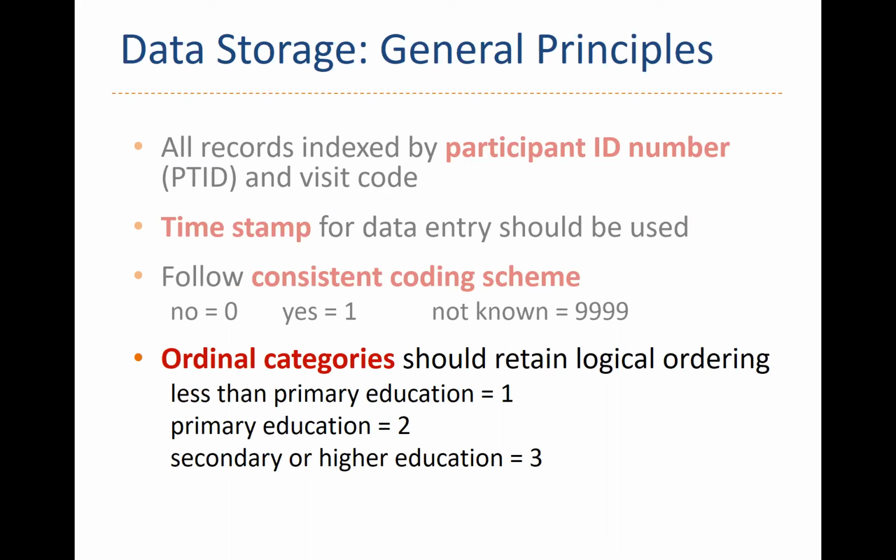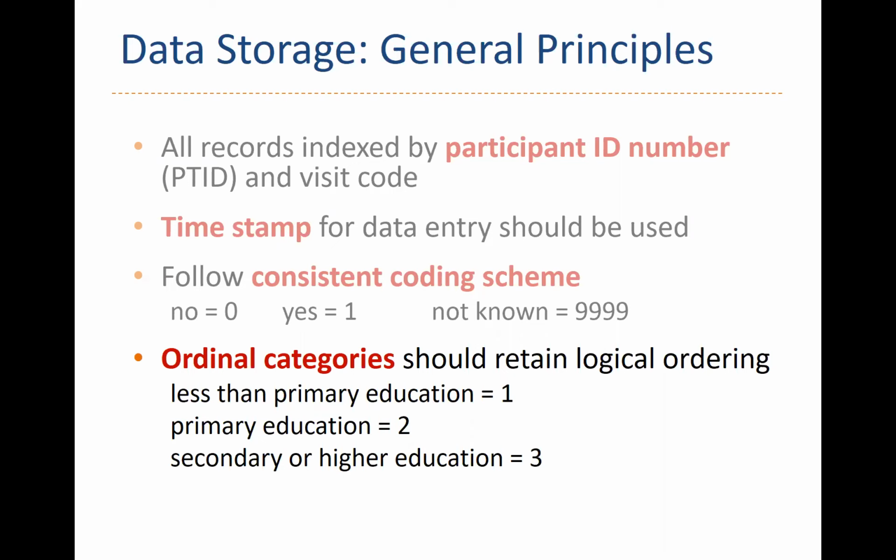We're going to want to think about nominal variables. These are things that have no logical ordering, so they can have whatever order, but you would want to be consistent. For ordinal variables, obviously you want the numerical values to have a logical ordering.